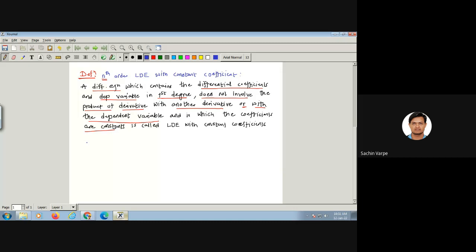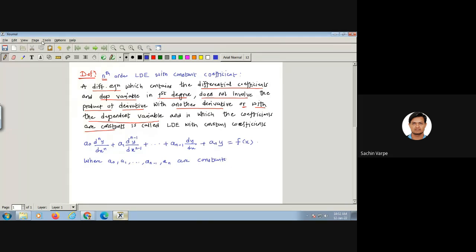That is a0 dⁿy/dxⁿ plus a1 dⁿ⁻¹y/dxⁿ⁻¹ plus, and so on, a(n-1) dy/dx plus an y is equal to a function of x on the right hand side, where these a0, a1, and so on, a(n-1), an are all constants.